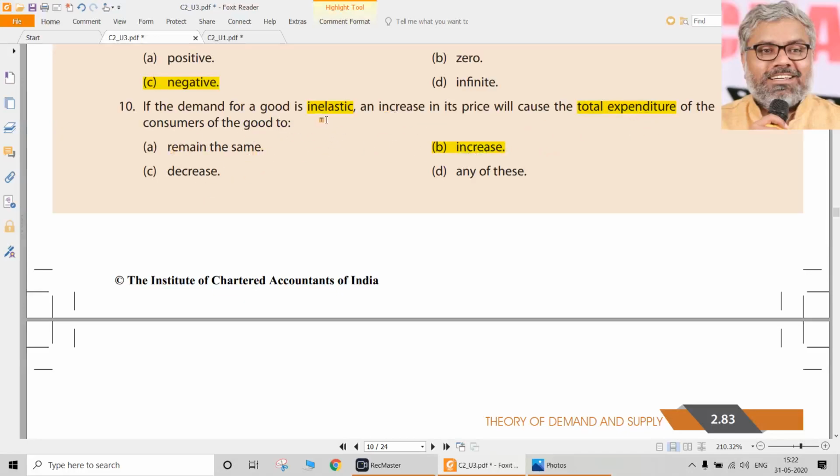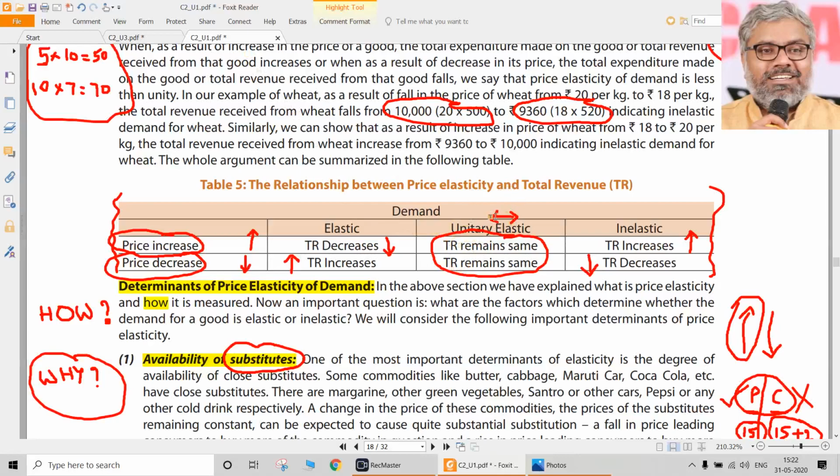Reverse is going to happen if it is elastic. So all these possibilities. Of course, unitary elastic, there is not going to be any change because the total revenue remains the same. Total revenue, total expenditure, total outlay, all are same. Total outlay and total expenditure express the consumer's point of view. Total revenue is from the seller's point of view, but ultimately both are same.